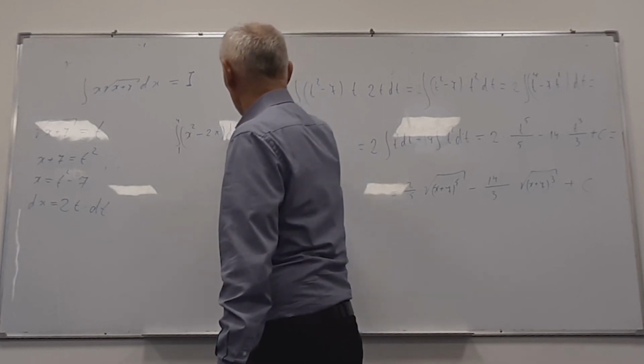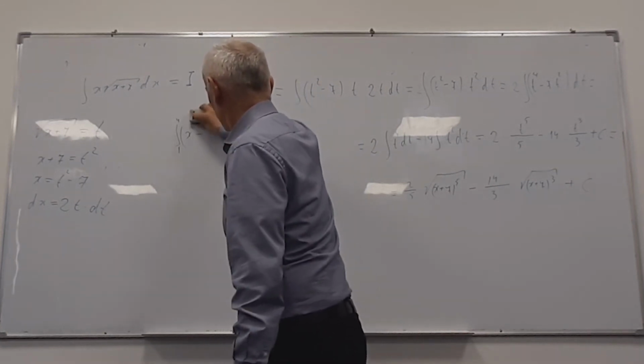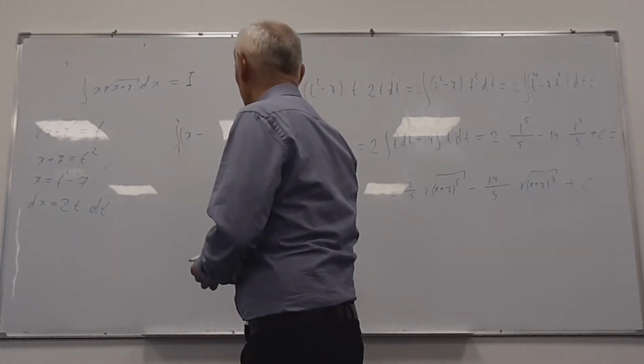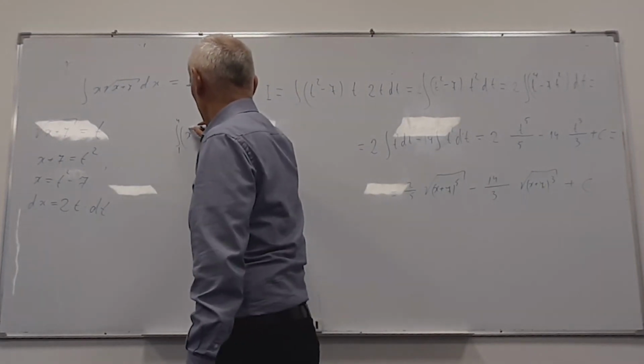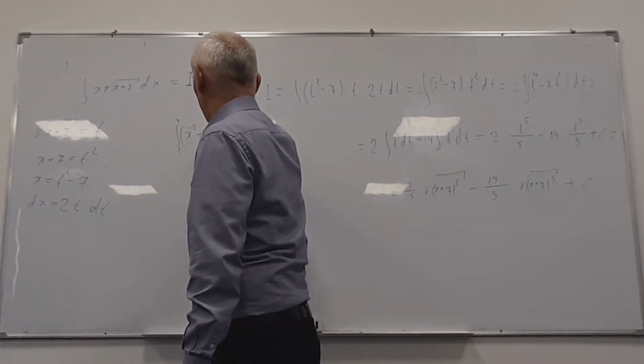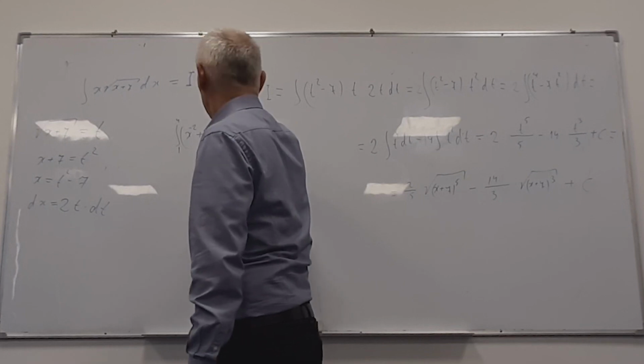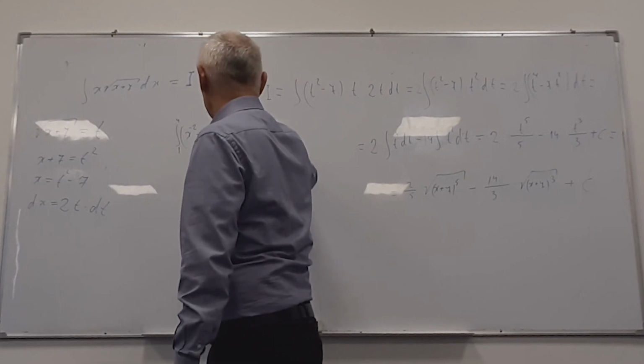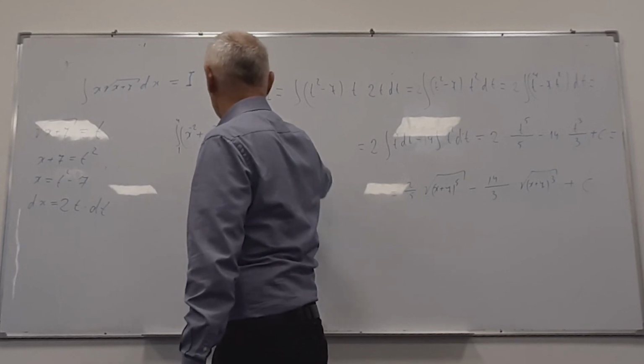Or let's do it more complicated. For example, we have x to power minus 2 plus x to power 2 plus 2x and plus 7.